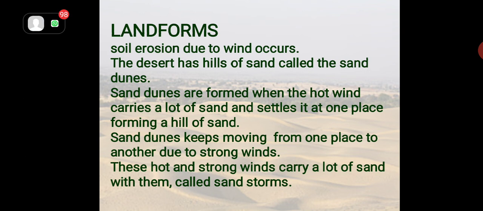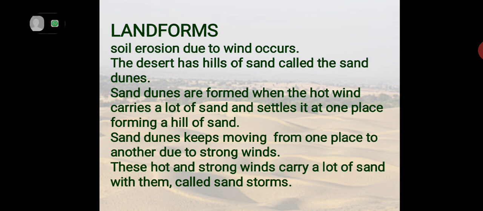So already earlier you got the word sand dunes. What is the meaning of sand dunes? The desert has hills of sand. Basically, those hills of sand are called sand dunes. Why do they form? What is the reason behind the sand dunes?